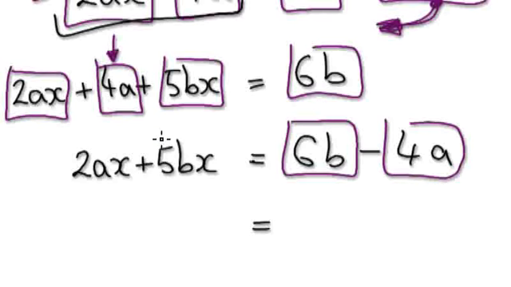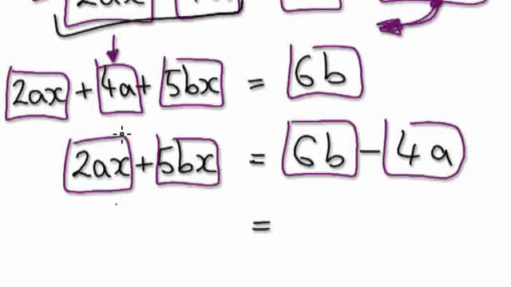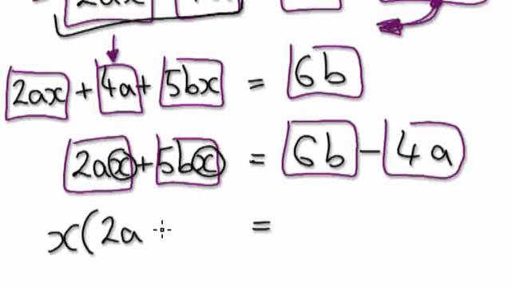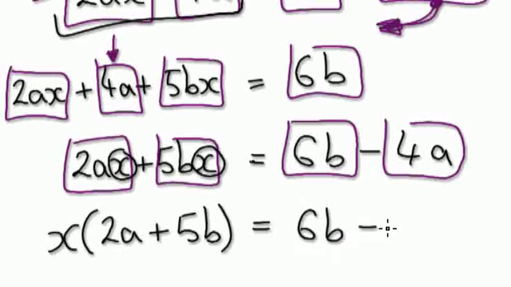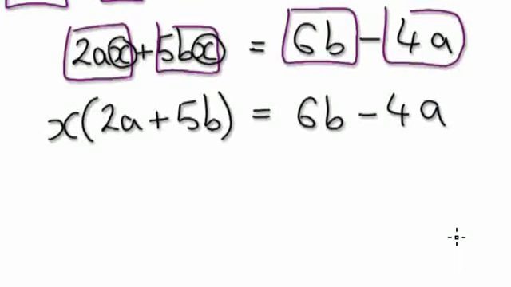Now you can see this is rubbish, it doesn't contain x. Here it contains x, so x is in common here and here. So let's factorize it. It will be x times (2a plus 5b), and on this side it's the rest.